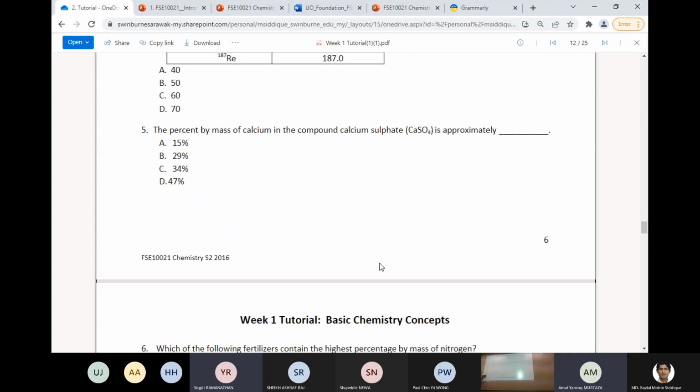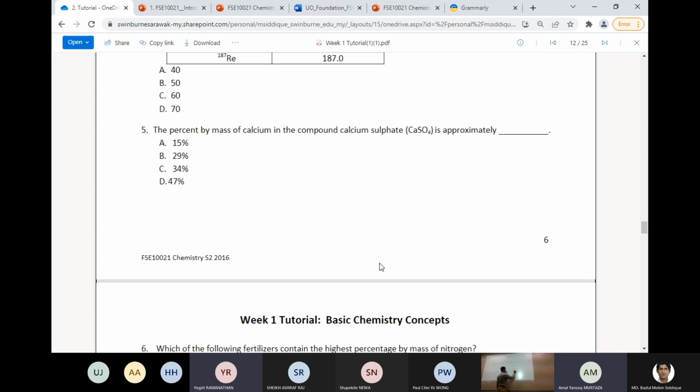Find the mass of calcium, and then divide it by the mass of the compound.